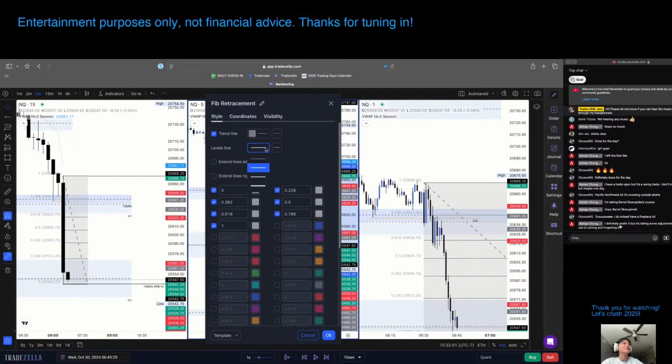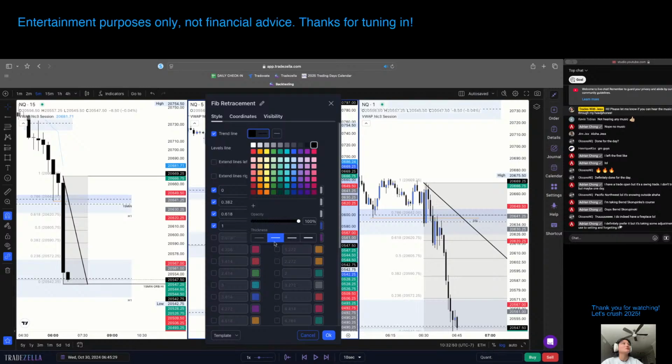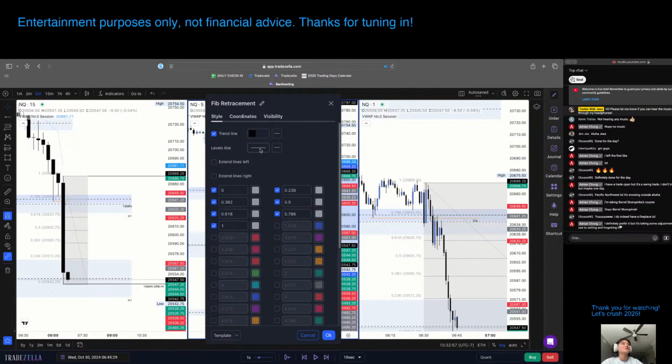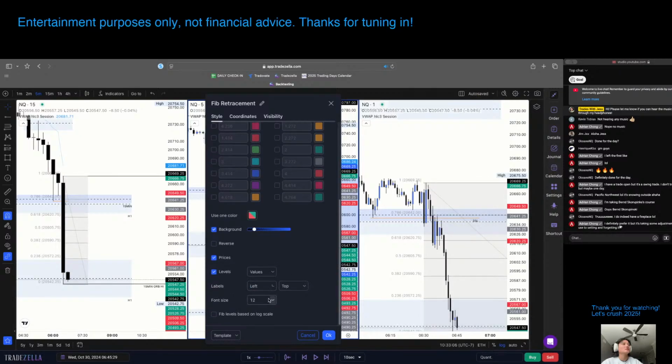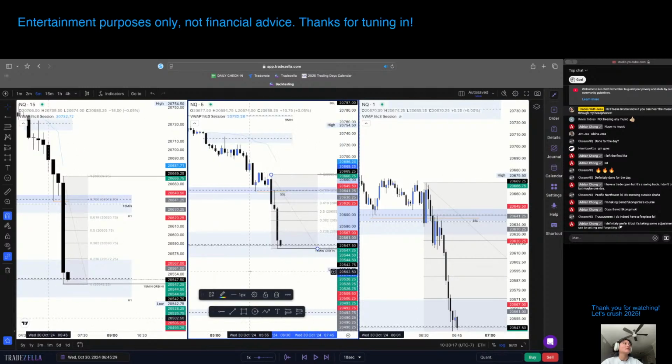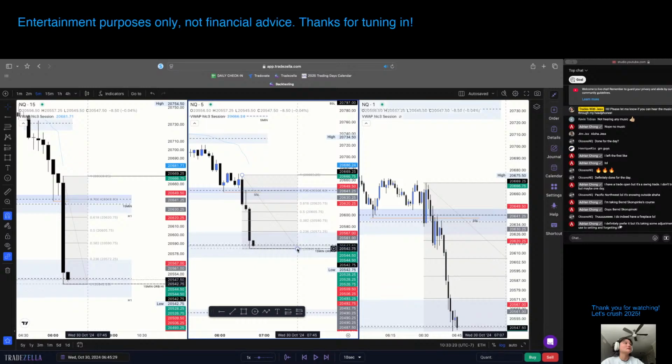Okay, this is too thick. Let's make this black. Oh, nope, that is way too bold. I'm not even gonna lie, I don't think I even need this thing. Okay, cool. Labels, font size, keep it small. Keep it in the middle. Labels on the right. Alright, now we can look at this thing.